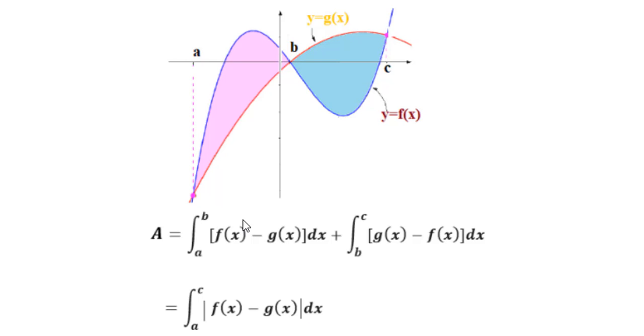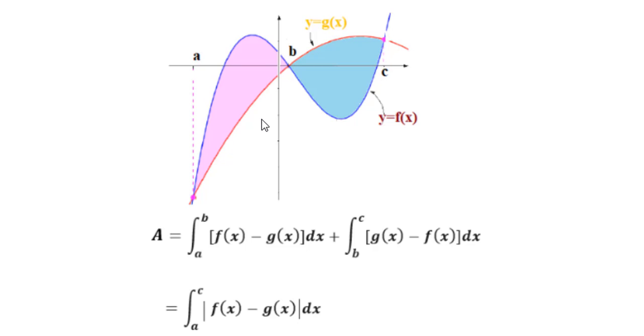But if you don't want to use the absolute value, you have to split this shaded area into two parts. You have to be very careful which function subtracts which function. For example, from A to B, you could say f of x is above g of x.